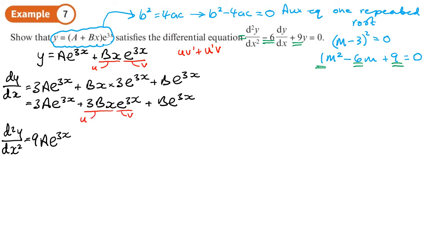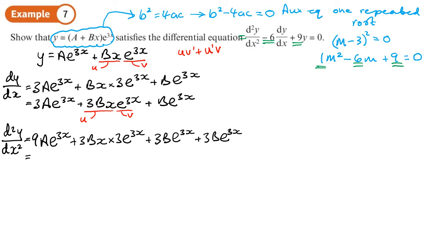So we'll have u, which is 3bx, times v dash, which is going to be 3e to the 3x, plus u dash, which is just going to be 3b, times v, which is e to the 3x, and then plus the 3b e to the 3x.